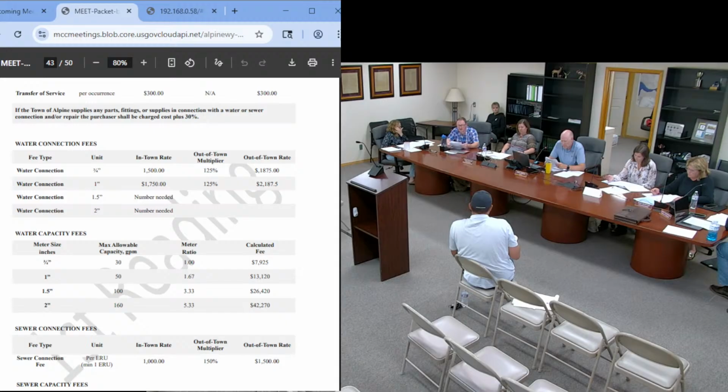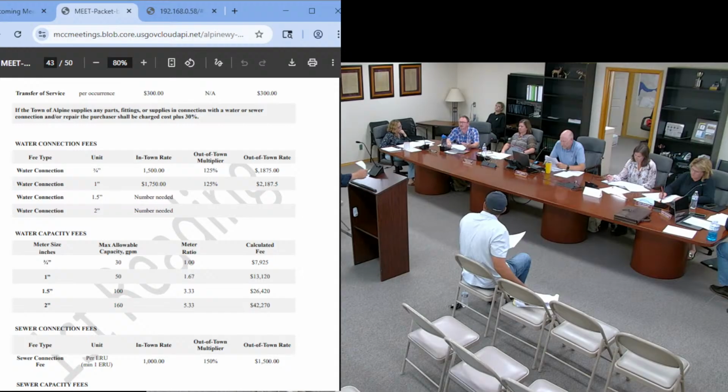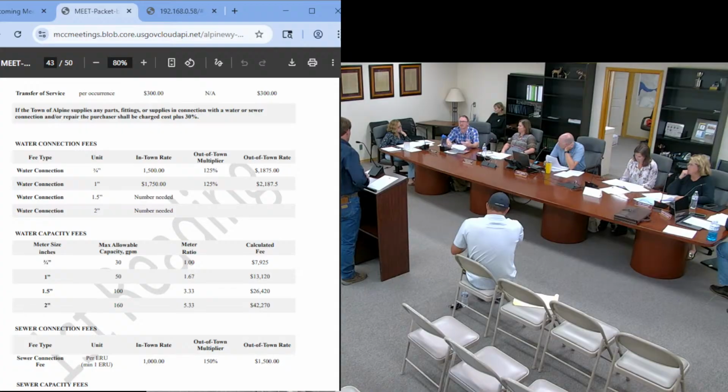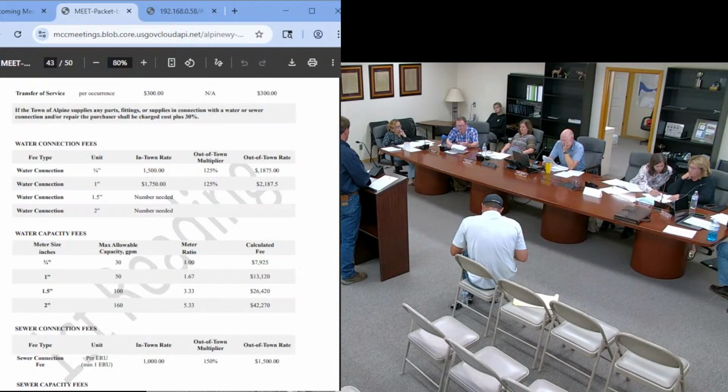So Kevin, right now we're just talking about water capacity fees, and I'm curious who the user is. We have 3/4 inch, 1 inch, 1.5 inch, 2-inch. What does that mean in the real world? Who is that user on a 1.5 inch or a 2-inch? And given that user, specifically the 1.5 and the 2-inch, the increase of 150-something percent to 250-something percent, how is that justified?